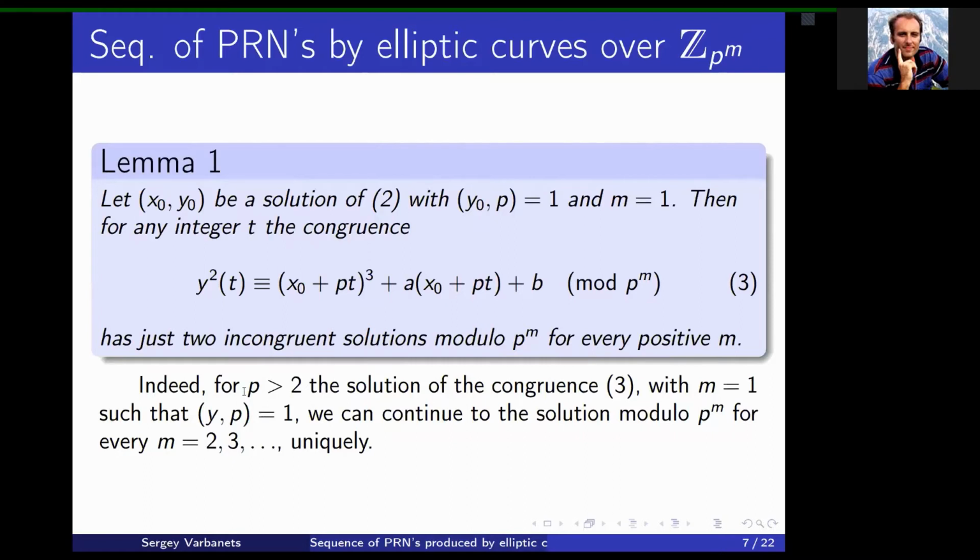Indeed, for p greater than 2, the solution of congruence 3 with m equal to 1, such that y and p are coprime, we can continue to solutions modulo p^m for every m equal to 2, 3, etc., uniquely.